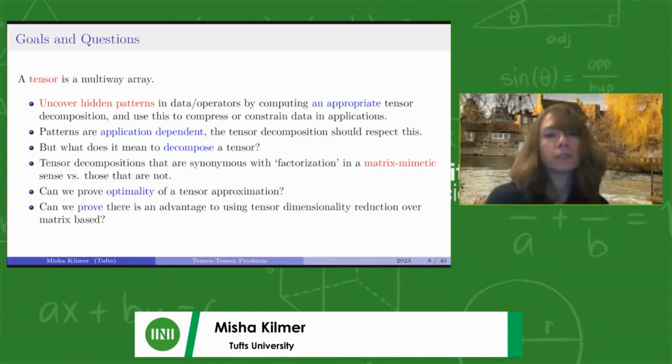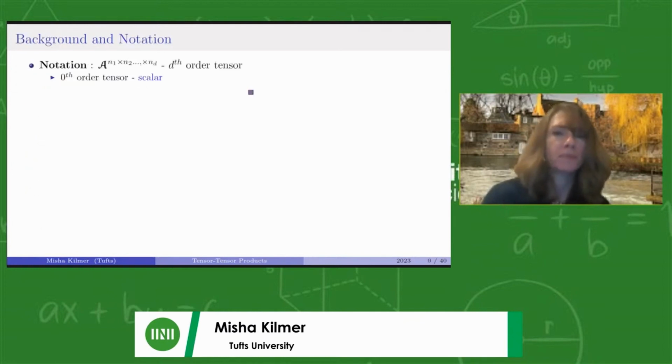Can we do that for tensor decompositions? And can we prove my hypothesis that basically we gain if we can manipulate the data in tensor format as opposed to unwrapping it into a matrix and treating it with matrix methods.